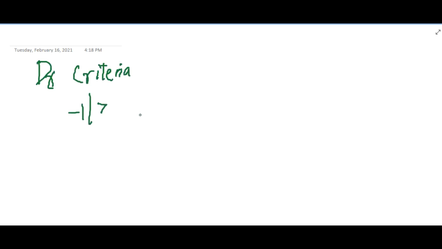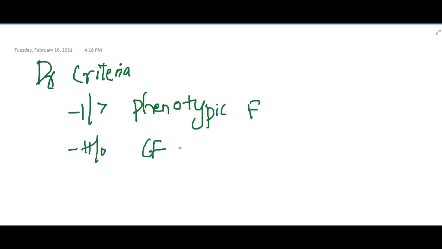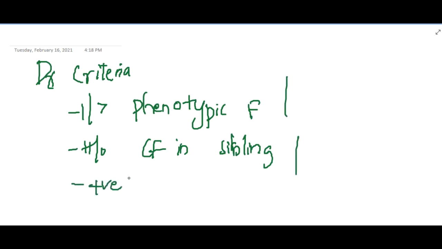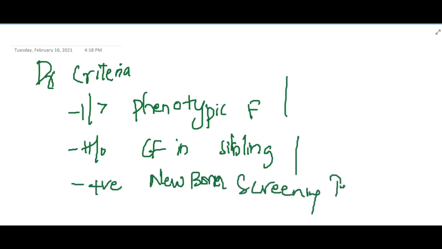one or more characteristic phenotypic features. Along with that, there should be a history of cystic fibrosis in a sibling, or a positive newborn screening test result. One of these should be there in the diagnostic criteria.